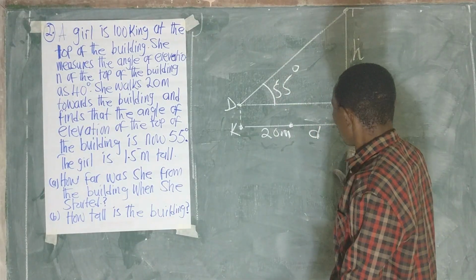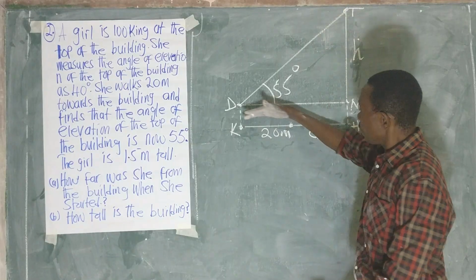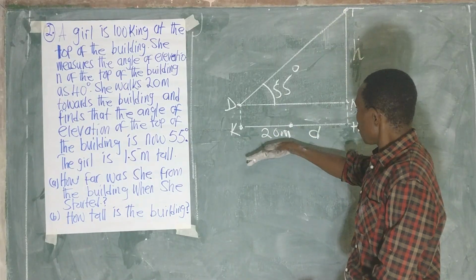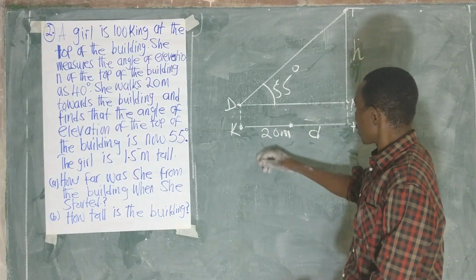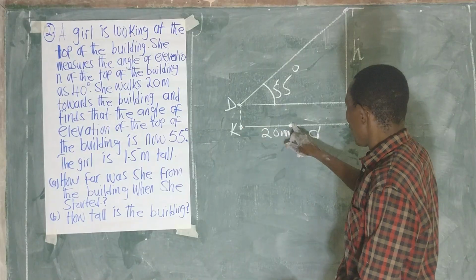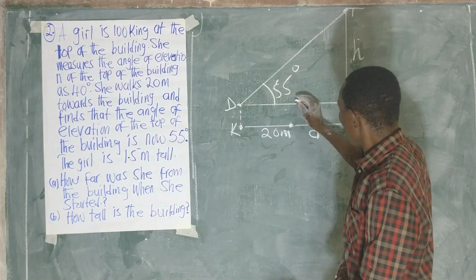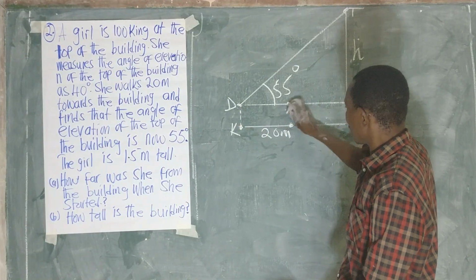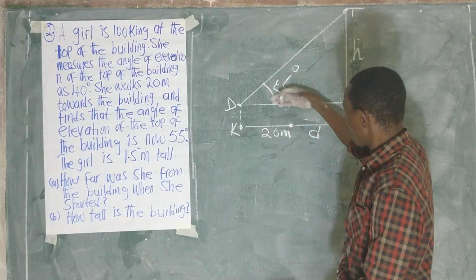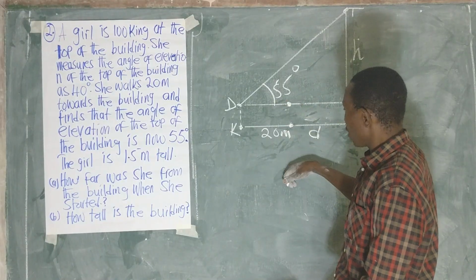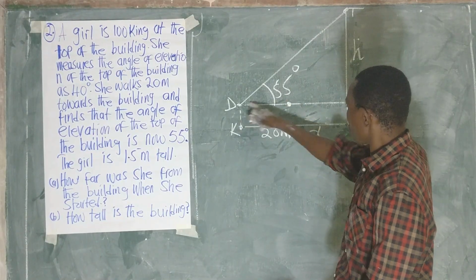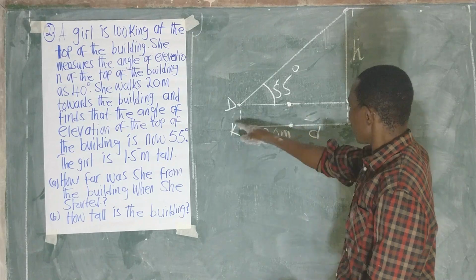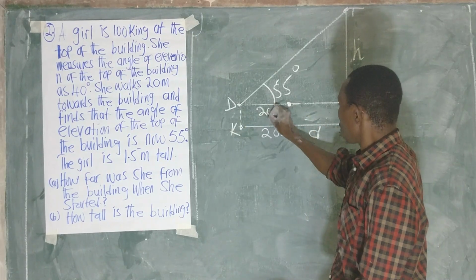If we are going to analyze the situation here, we can leave this part out. We'll see, first of all, that the distance from here up to that is as good as the distance from here up to that, because the opposite sides here are just the opposite sides of a rectangle. If this is 20 meters, this is also 20 meters.